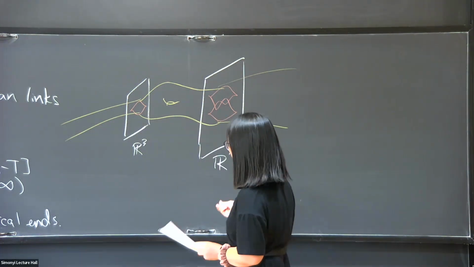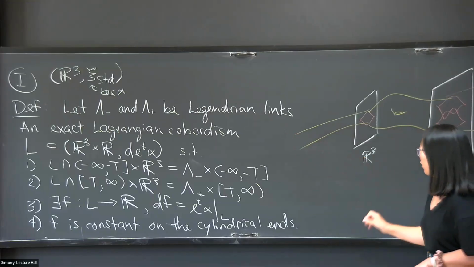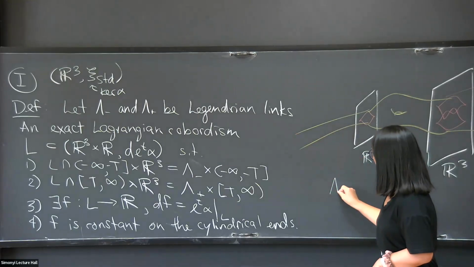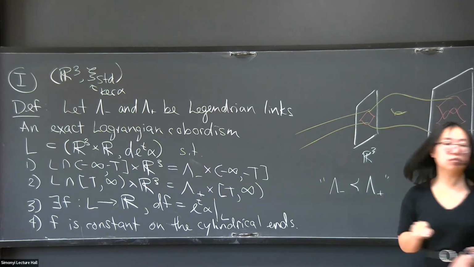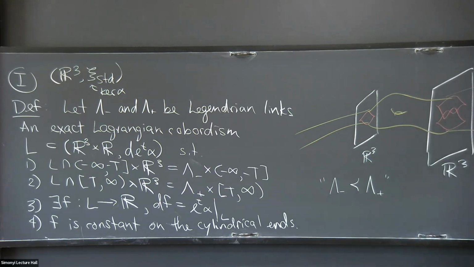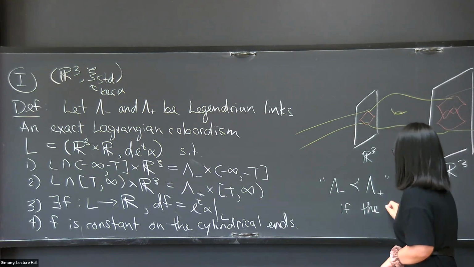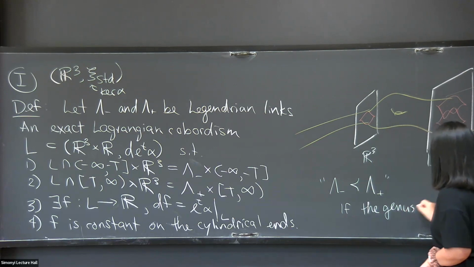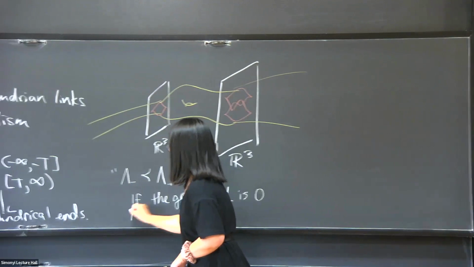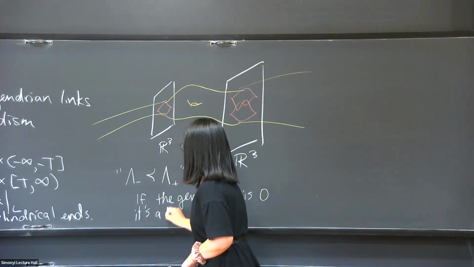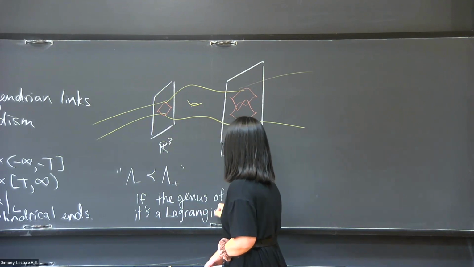Right. Okay, so what else do I want to say? If I have a Lagrangian cobordism, I'm going to denote this with this symbol. And if the genus is 0, then this is called a Lagrangian concordance.